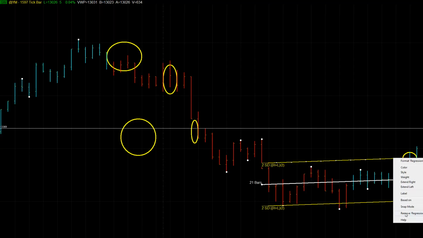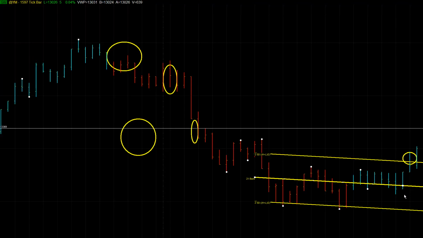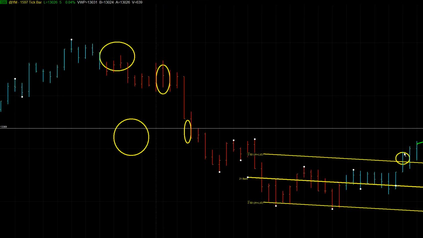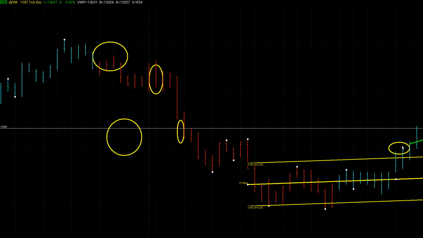Let's extend these. One second. Okay, so we extend it, and it's actually this reading here, because remember we're talking about closes. This close is way above the 2 SD line, which, as you know from my dissertation earlier, we wanted 2 closes: there's the first close, there's the second close to trigger a signal.